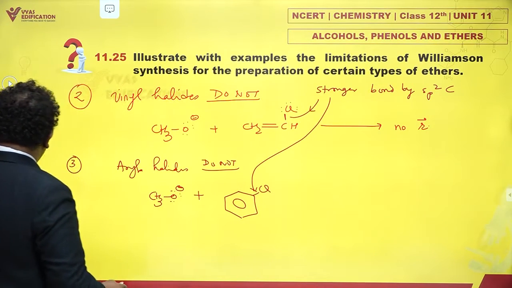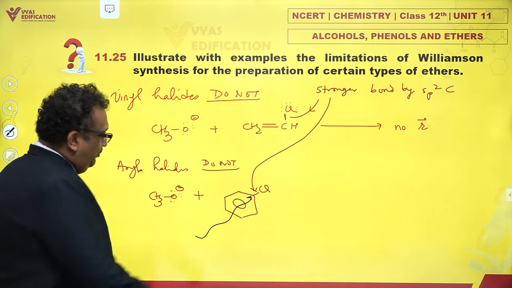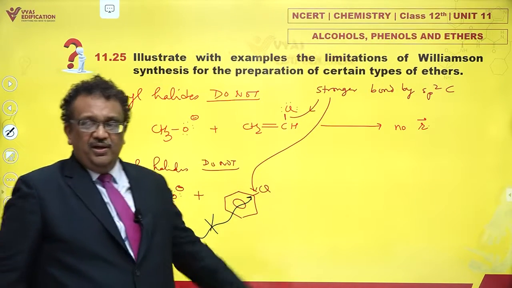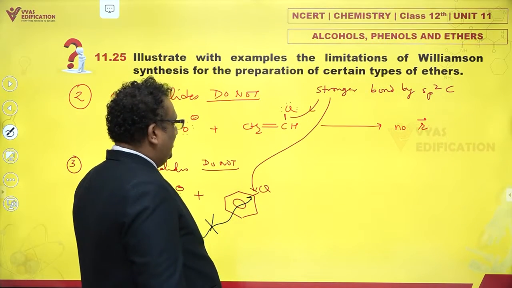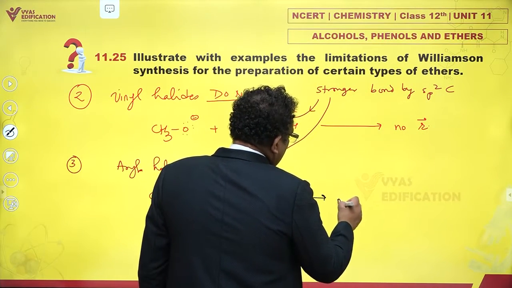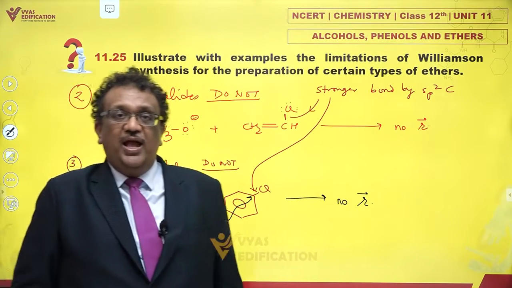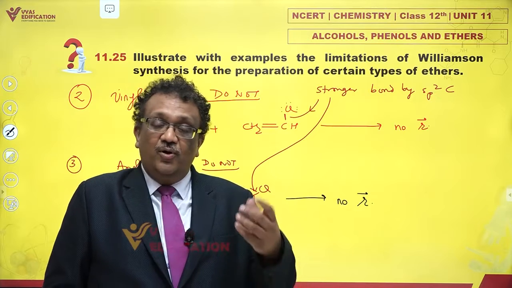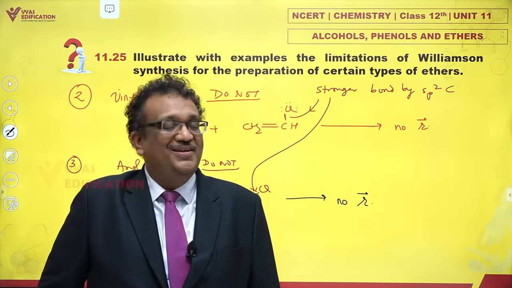And there has to be a backside attack in an SN2 mechanism. And for backside attack, you can't break through benzene ring and you can't destroy the ring and just attack from the backside. It is just not possible. What happens? Nothing happens. There is no reaction. Vinyl and aryl halides fail to react, while tertiary halides produce an alkene. These are the three classic cases where Williamson synthesis cannot be done.